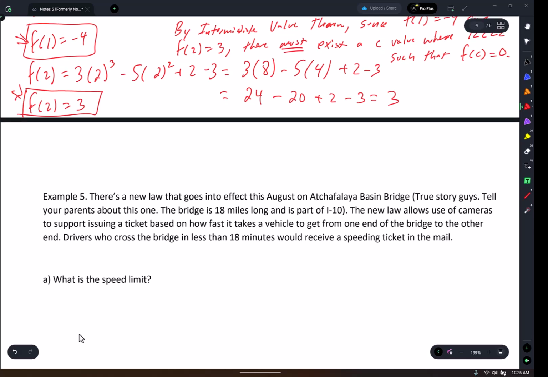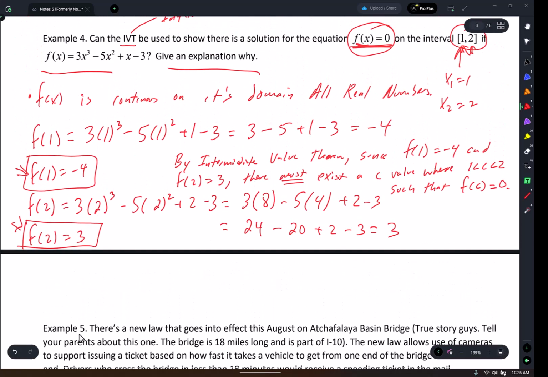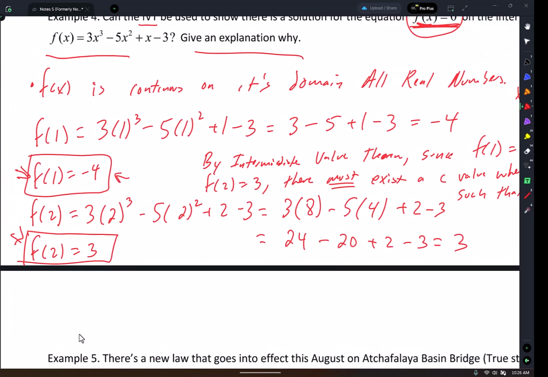So basically, you're substituting. That's all you're doing. I'm just plugging in my 1 and my 2 and seeing what the values are. They don't have to equal 0. Obviously, I crossed the x-axis. Okay, tell me this. Does the intermediate value theorem tell me that between 1 and 2, f of x equals 1?